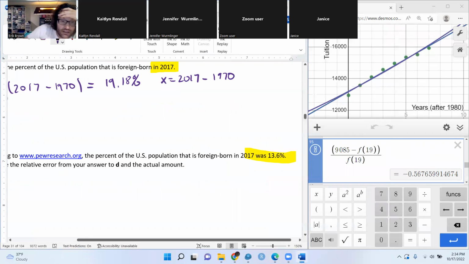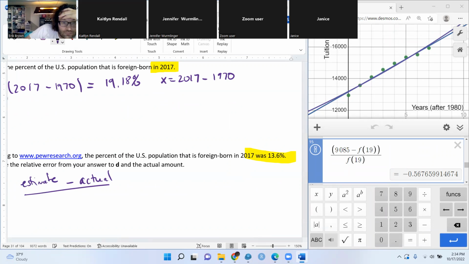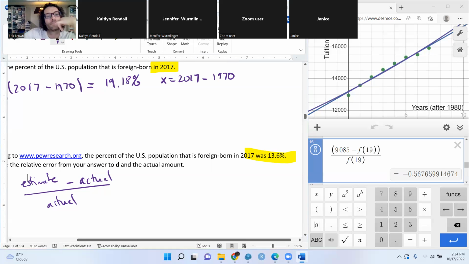I'm forgetting what we did in the book. Did we do actual minus estimate divided by estimate, or estimate minus actual divided by actual? I think it was this one, wasn't it? Estimate minus actual divided by actual. Or was it the other way around? I can never remember. It doesn't actually matter which one it is, but it was way back in number 1, unit 1.